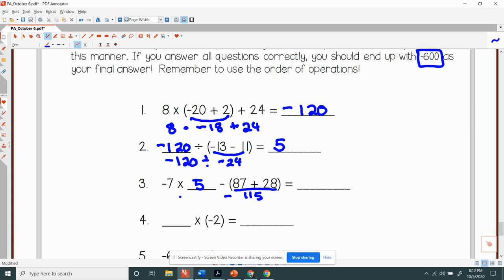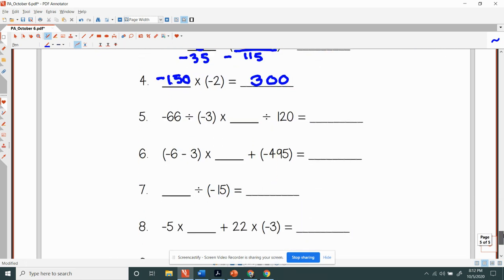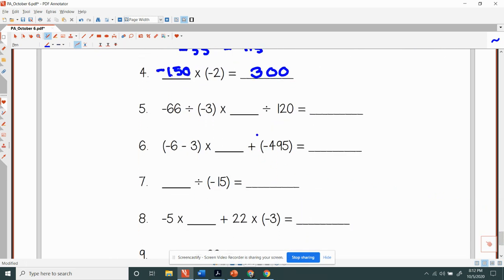Negative 7 times 5 is negative 35, and negative 35 minus 115 equals negative 150. That here. Negative 150 times negative 2 is a positive 300. So why don't you pause the video and try to work on the rest of them.